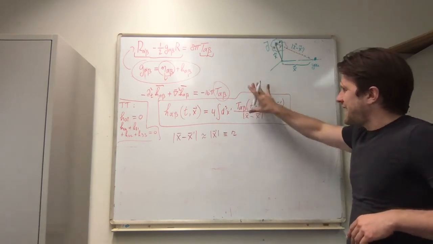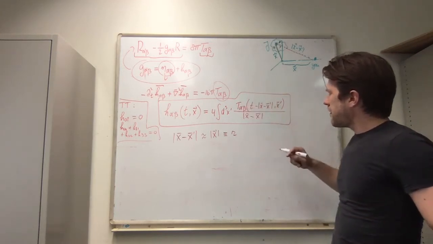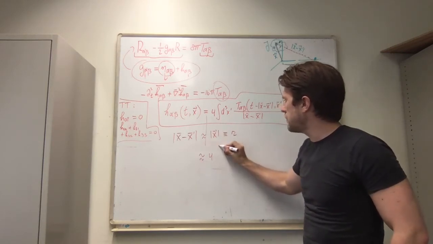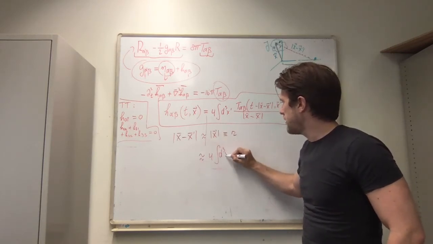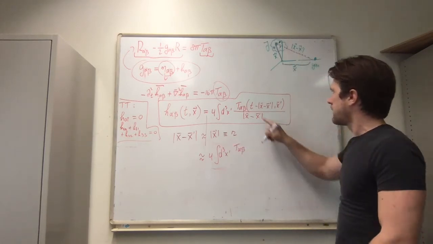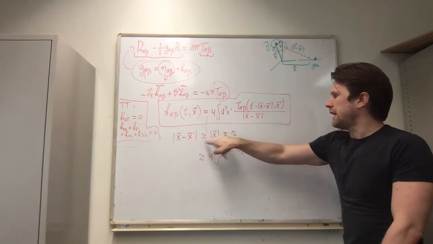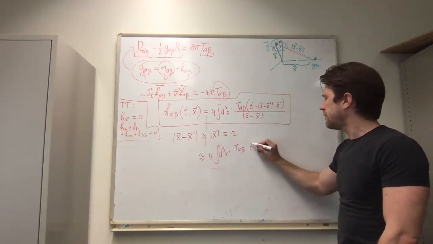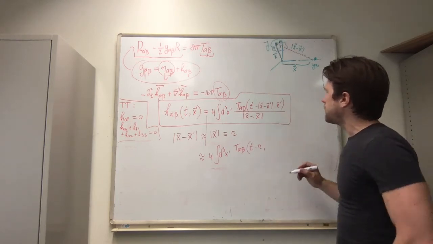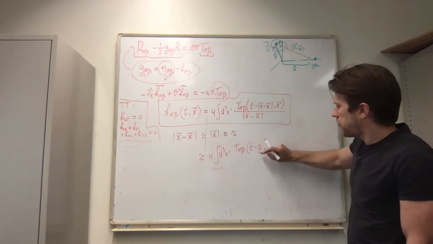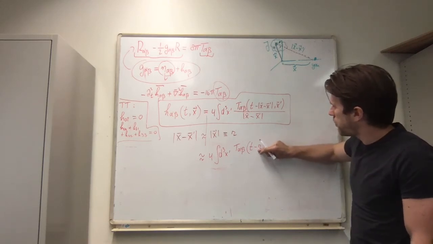If we're going to put that in here, then a lot of things become much more easy, because this then becomes 4 times d3x prime T alpha beta. T minus this thing has now become t minus r. Again, there's a c missing as per usual standard. The c would have been here. If you put it back, don't worry too much about it. We're working in units where c is 1.